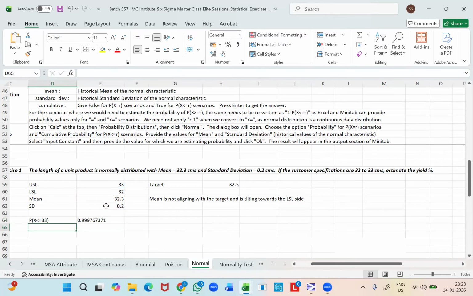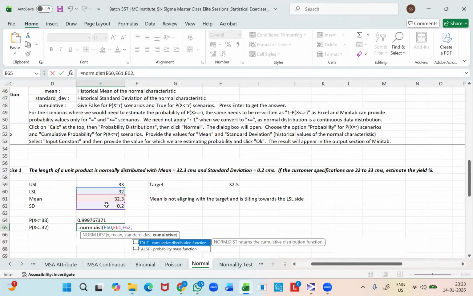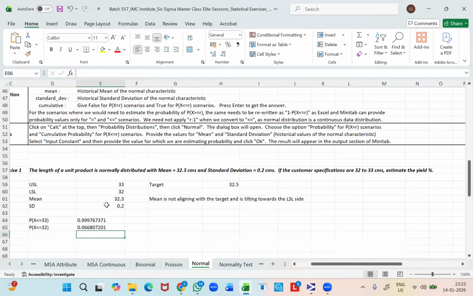From this, we need to subtract the area to the left of 32, which is the LSL value. Again, applying the formula, equal to NORM.DIST, LSL value is 32, comma, mean is 32.3, comma, standard deviation is 0.2, comma, cumulative will be true, right?